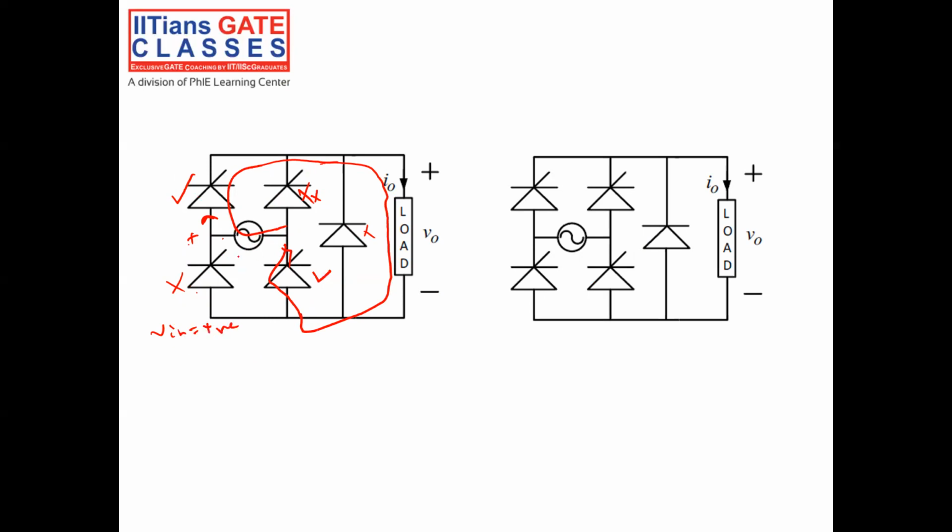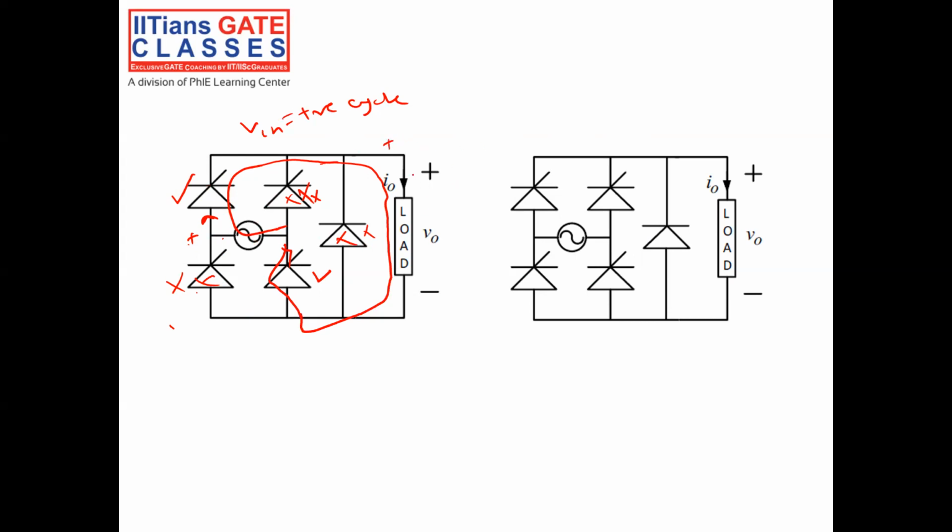This is the condition when V in is in the positive cycle. The current will flow like this, and this diode will be off, this will be off, and this will be off. And V in minus something will be V0, right?